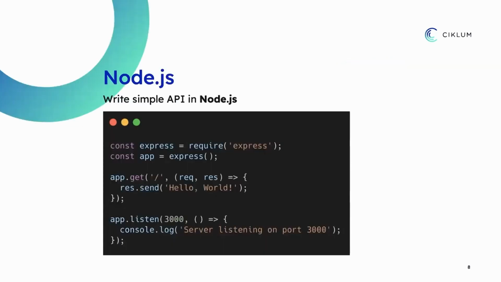So I asked, okay, write some simple API in Node.js. As we have a look at the code, it looks kind of straightforward, right? We just specify an HTTP method, we specify a route, and what we want to get in the response. So that's all. It looks clear.